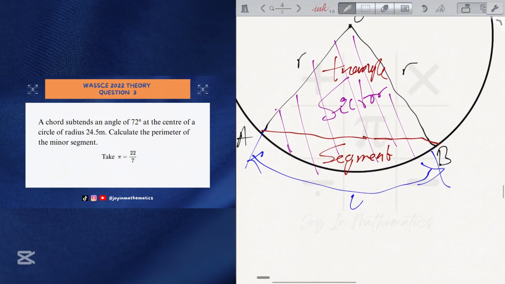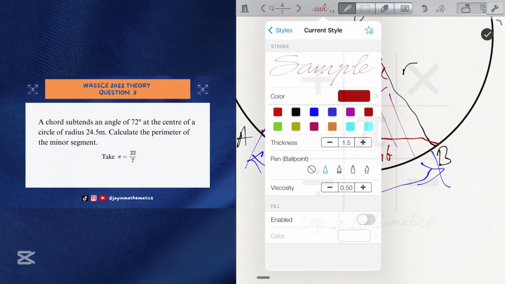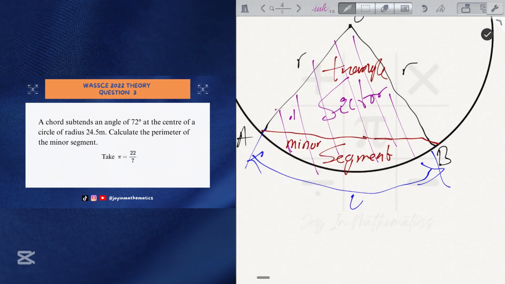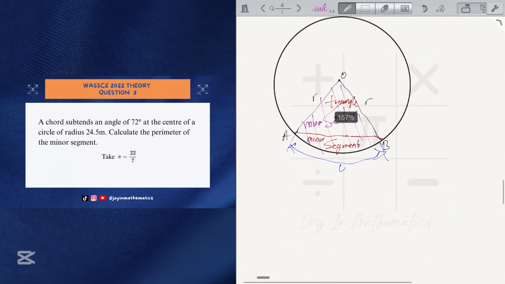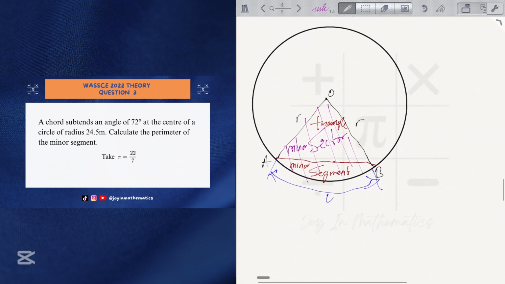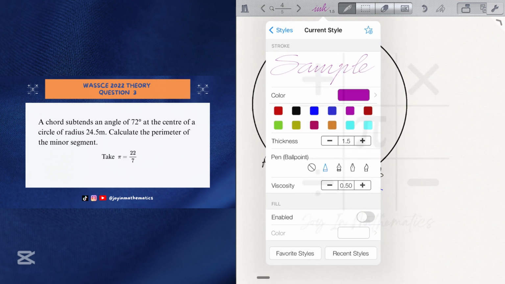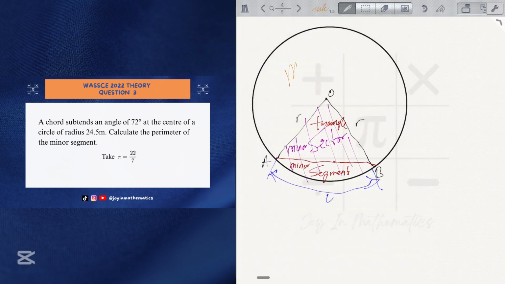This segment here is called the minor segment, and this sector is called the minor sector. The remaining sector we can call the major sector, and it will also have a major segment.